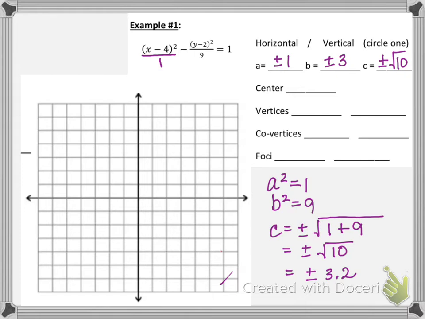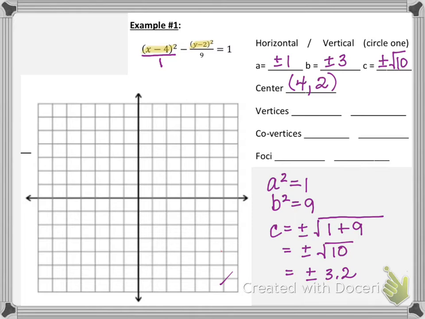The center, we do the same thing we did with ellipses. Take the opposite value of what is inside those two parentheses, and make sure we put it in order of x comma y. Well, the x is going to be a 4, and the y is going to be a positive 2. Okay, so let's go plot that.